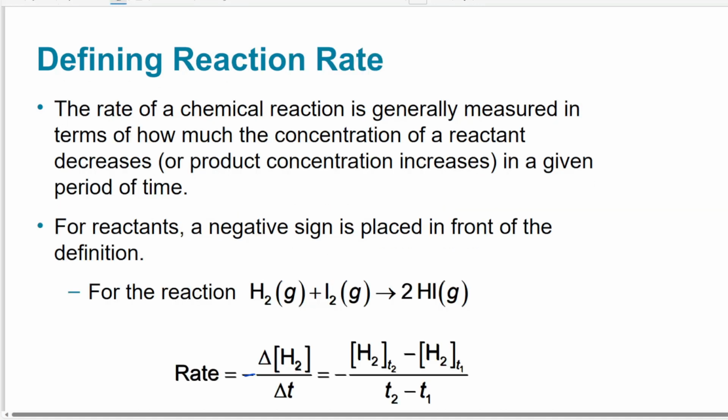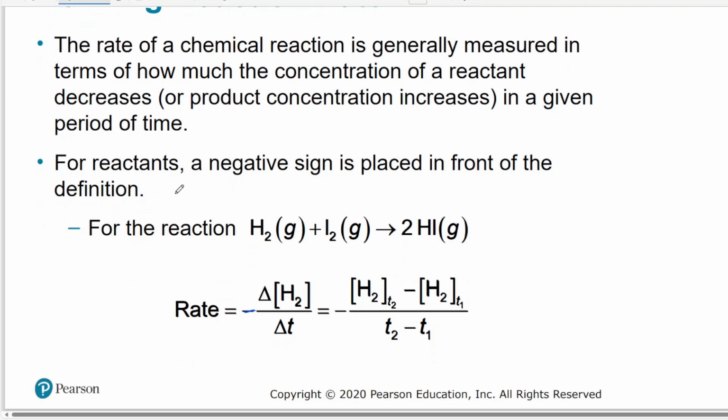We usually define the rate of a chemical reaction in terms of how much the concentration of a reactant decreases or a product increases in a given period of time. For reactants, we would put a negative sign in front of this definition.